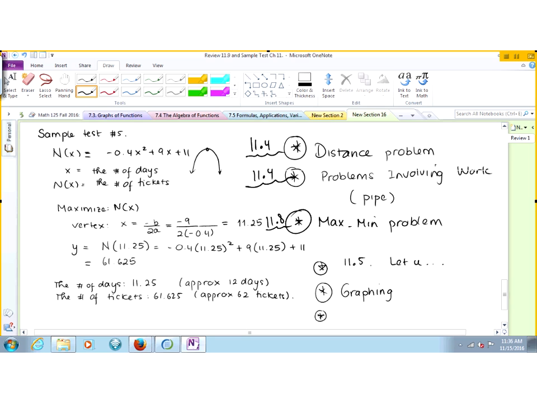What I wrote here are the major ones, but also a minor one is solving for a variable, and that is from 11.4.